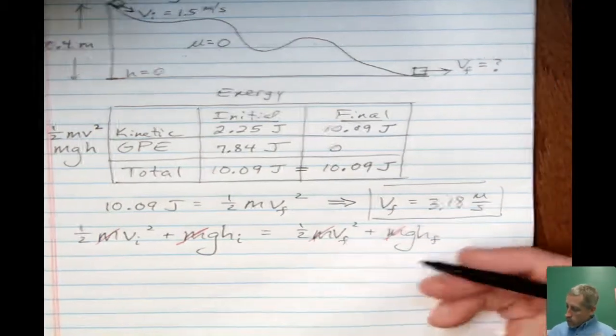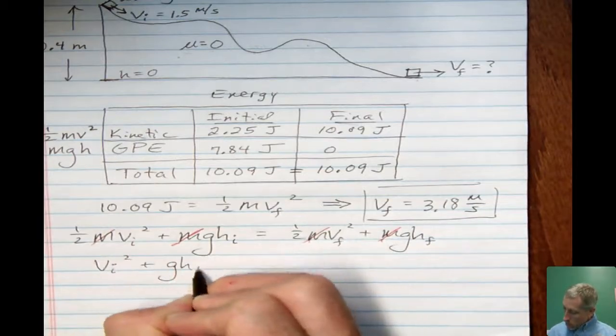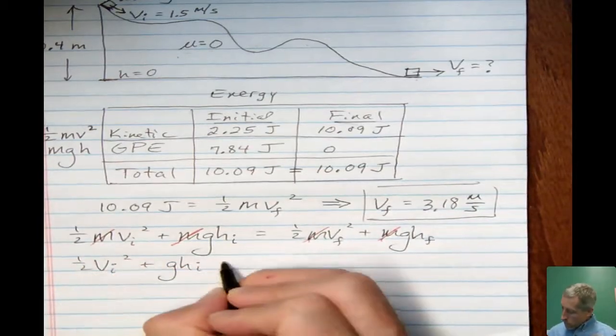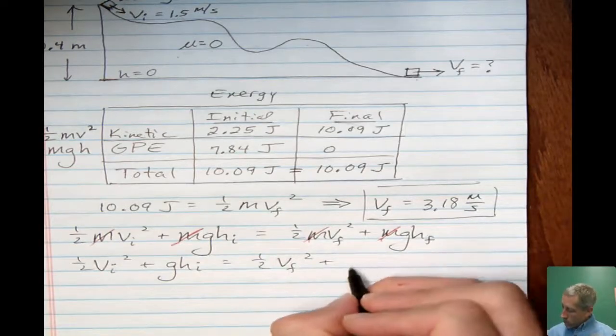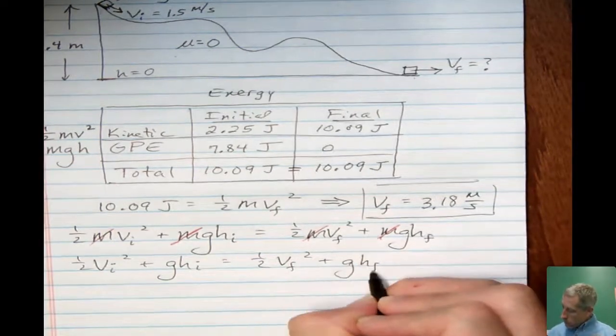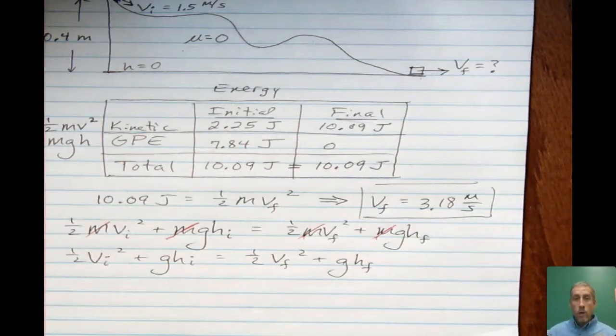And what it leaves us is a simpler form that does not involve any masses. And this form right here, if you perform a little algebra, can be shown to be equivalent to the kinematics equation that we used for uniform acceleration.